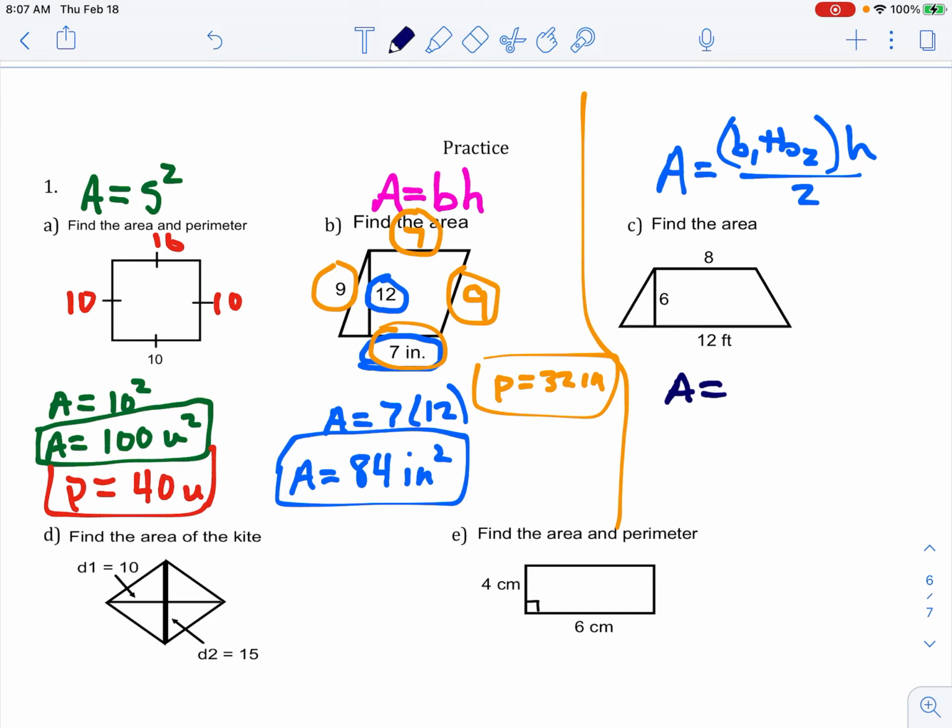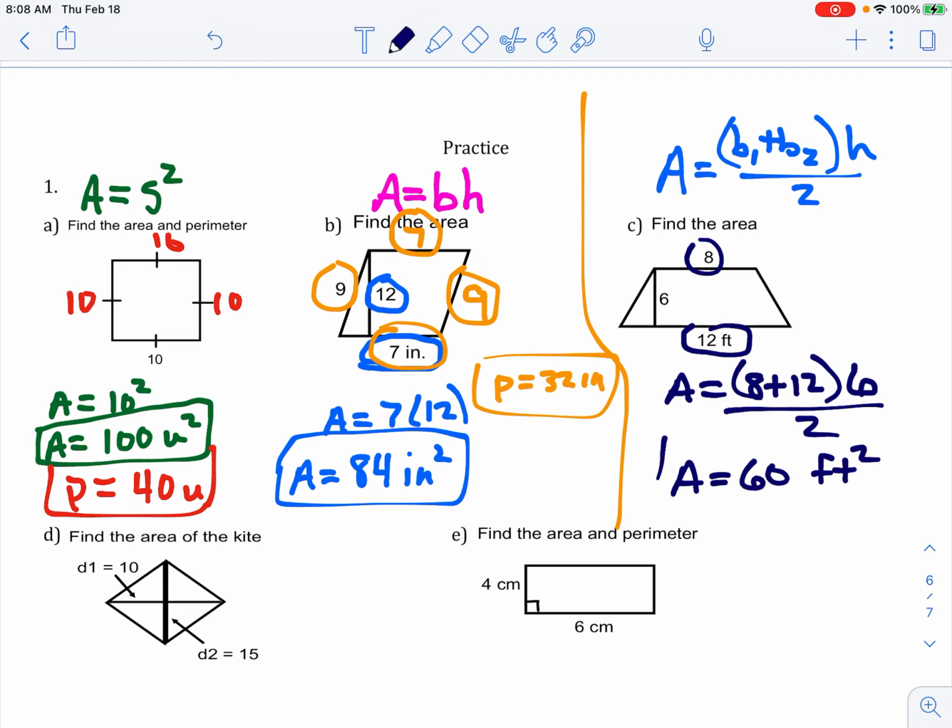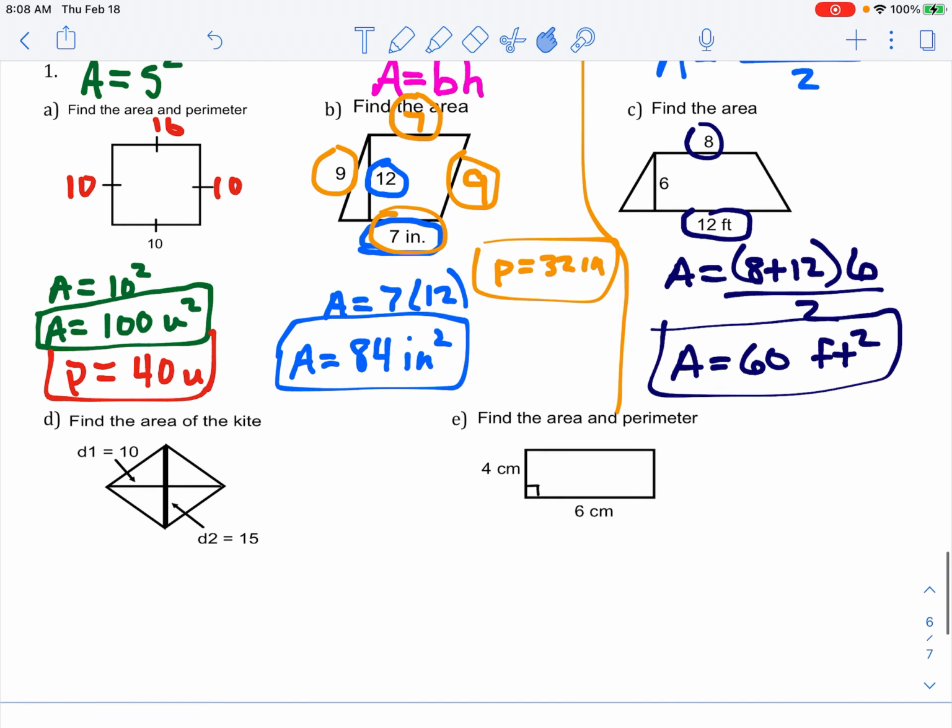B1 and B2 can technically be interchangeable, but we know that their bases are 8 and 12, so I can use them in any order, so I'll do 8 plus 12. My height is the vertical part that goes up, so my height is 6, and that's all divided by 2. All right, if you calculate that, you should get 60, and we're going to call it feet squared because it's area of a trapezoid.